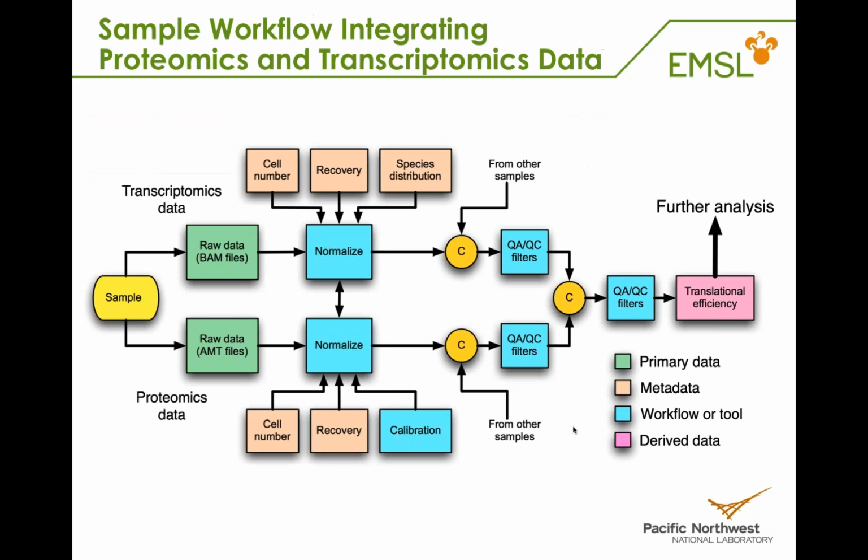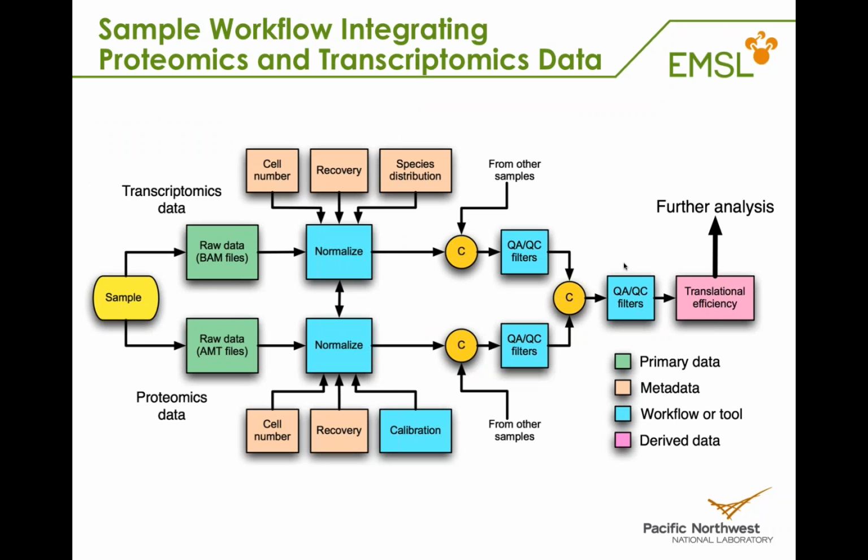From this, we created a workflow: a sample, the raw data, this is the metadata. We normalized it. We then put it together, and then we were able to do things like calculate translational efficiency of each gene.